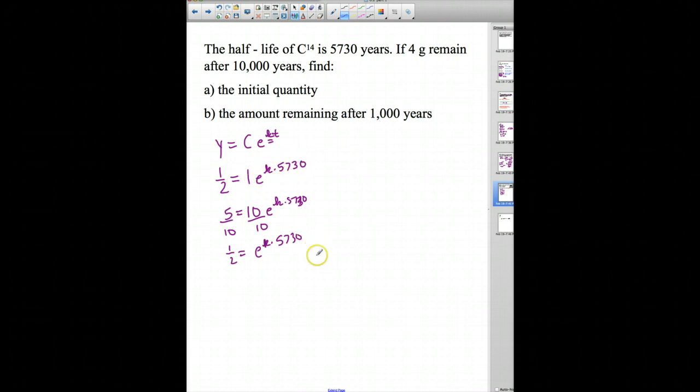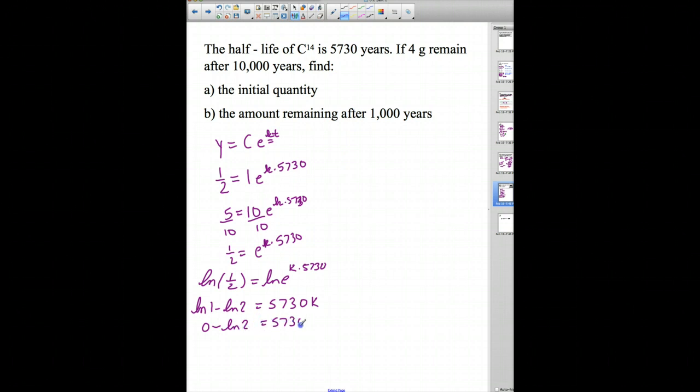So it just eliminates one step if you start with 1/2 equals 1 times e to the k times 5,730. So now we're going to take the natural log of both sides, because we're trying to get that k out of the exponent. So on the left side we'll have natural log of 1 minus natural log of 2 equals, and on the right side the natural log and the e cancel each other out. We just have 5,730 times k. So this is 0 minus natural log of 2.